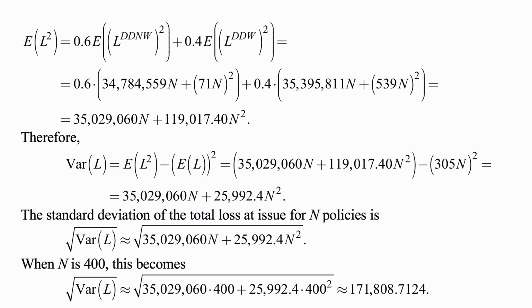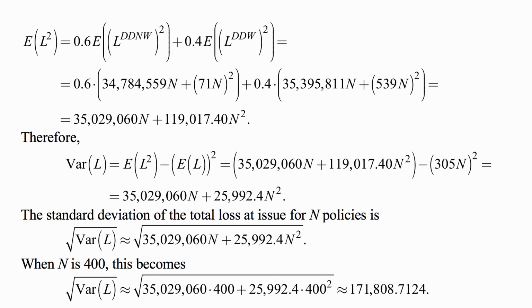And the second moment of L is a weighted average of the two second moments, which we calculate by taking the variance plus the square of the mean for both of them. And what we get out of this calculation is 35,029,060N plus 119,017.4N squared.